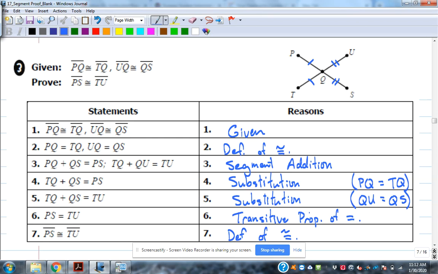Anytime you're going from objects with a congruent sign to an equal sign and no hats on the things, that's going to be a definition of congruence thing. You're never going to change up in the middle of things, right? Not always. It depends on what you're given to start with.